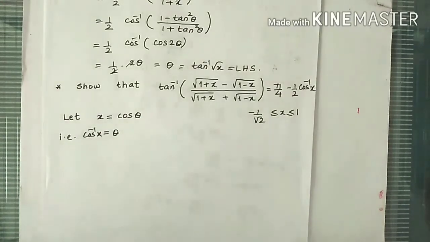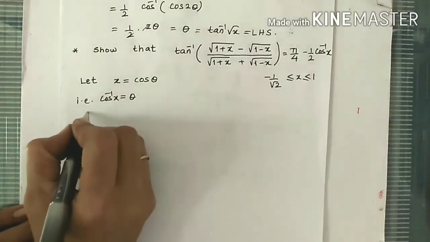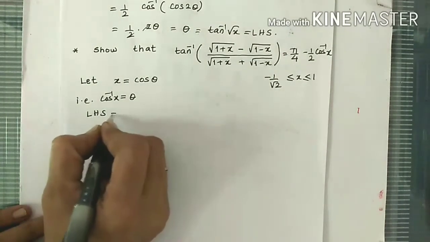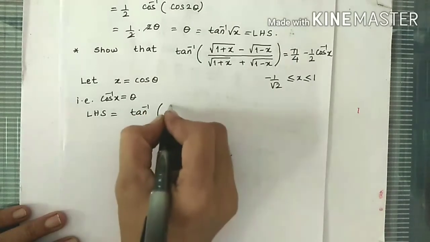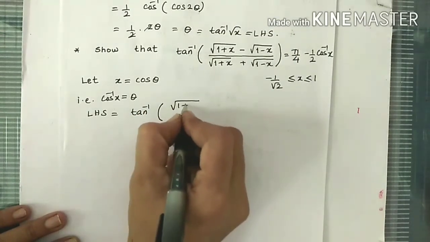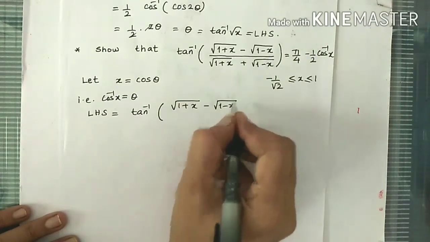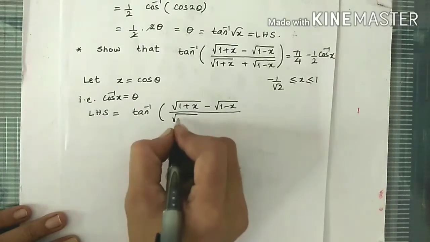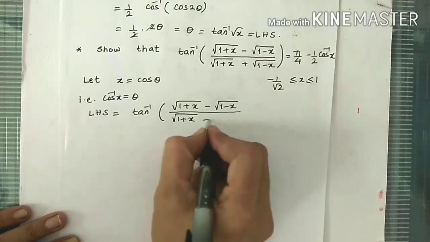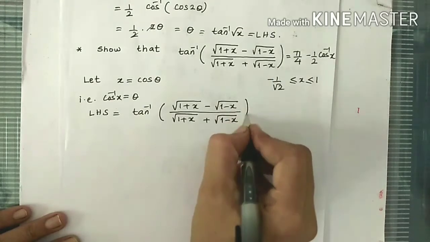Okay. Now let's substitute x equal to cos theta in the left hand side. The left hand side is tan inverse of root 1 plus x minus root 1 minus x divided by the same terms, but the change is that in between we have a plus sign, plus root 1 minus x.